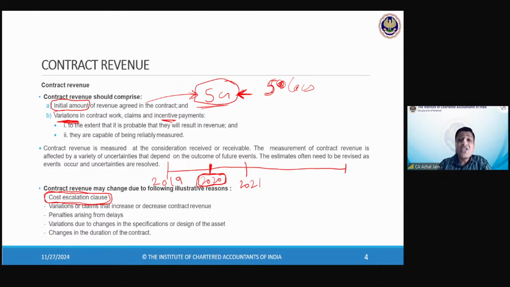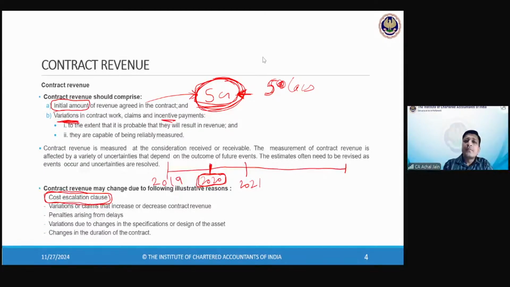So let's suppose initially they agreed the revenue will be 5 crore. So this was the initial revenue agreed. Tell me one thing, what will be the basis of agreement of revenue? It will be based on the costing of the contractor.